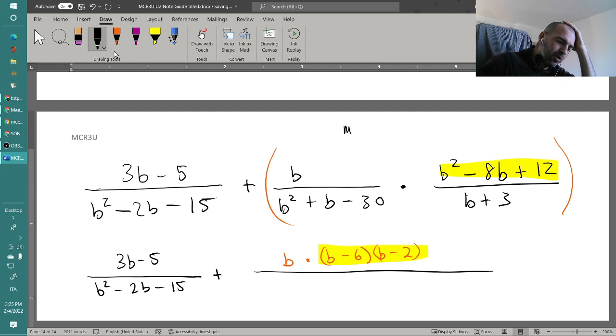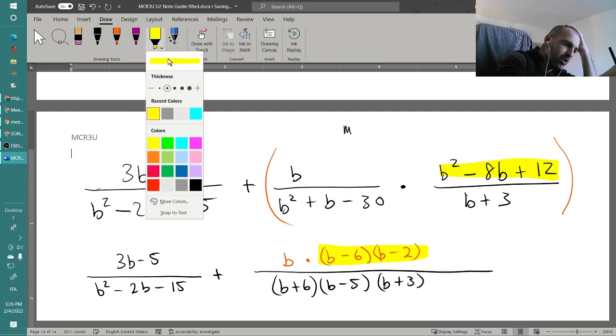Then furthermore, I'm going to factor this other trinomial, b squared plus b minus 30. 30 is 6 times 5, so I'm going to go with b plus 6, I guess, and b minus 5, okay, and times b plus 3.